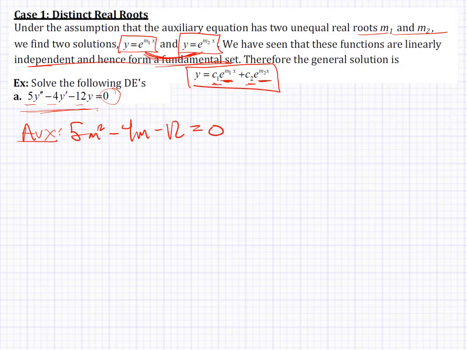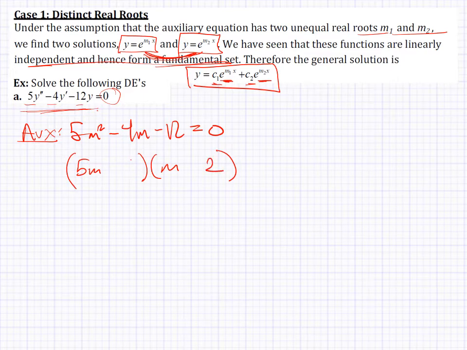So in this case, if I was going to solve this quadratic equation, let's try and factor it. 5m, m, what are we going to get here? 4, let's go 2 and 2, okay?